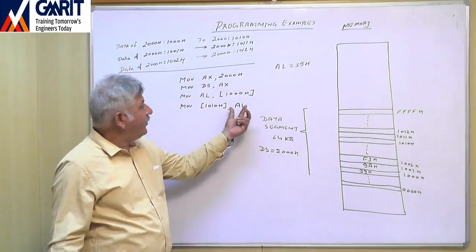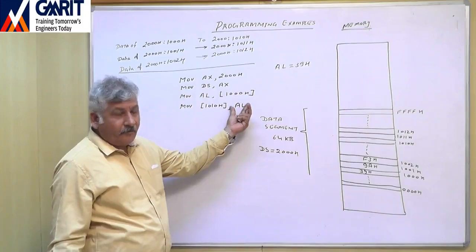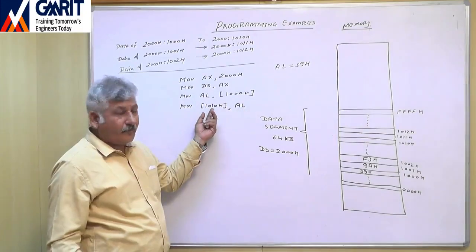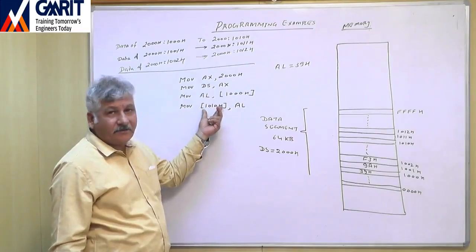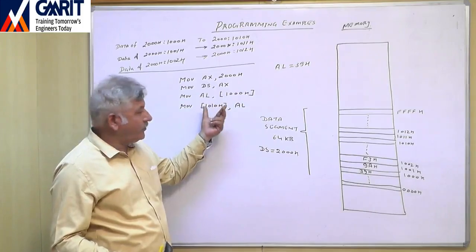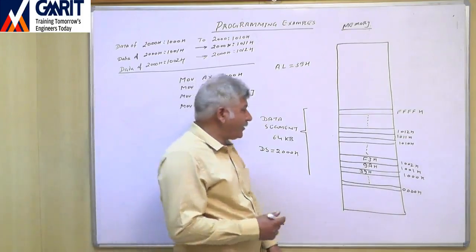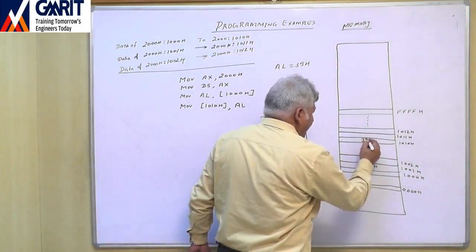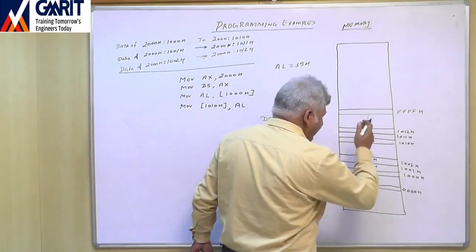With this instruction, the value of AL will be transferred to this offset address, and the default segment is the data segment. So inside the data segment, the value will be transferred and you will find 39H at offset 1010H.